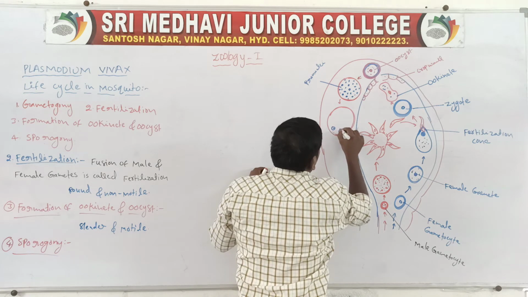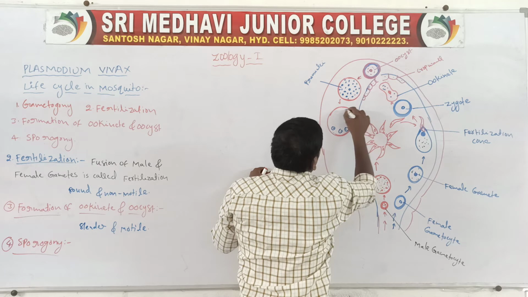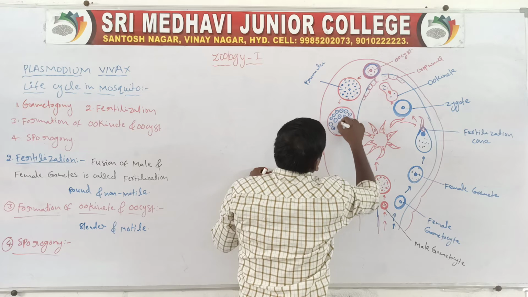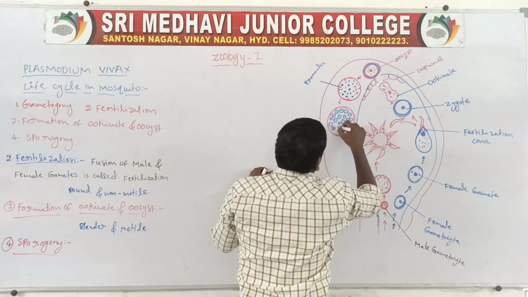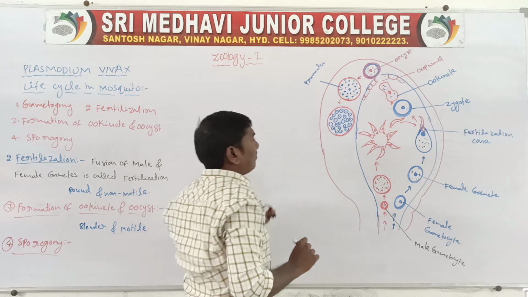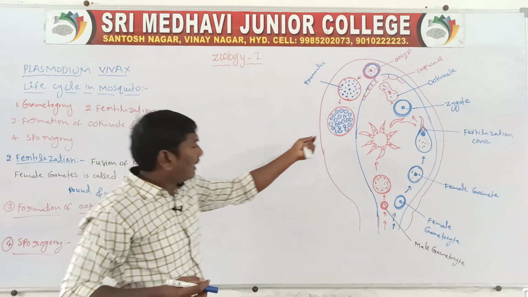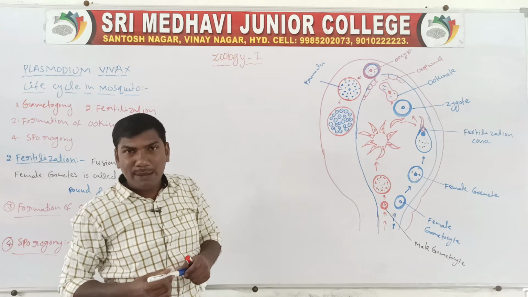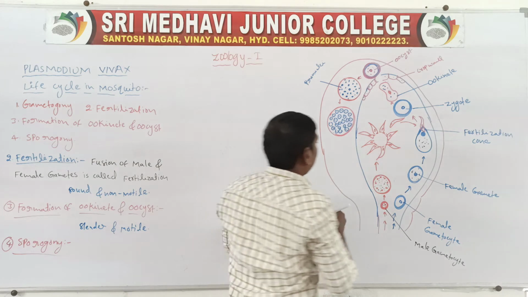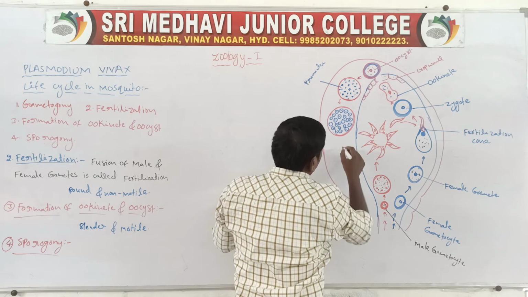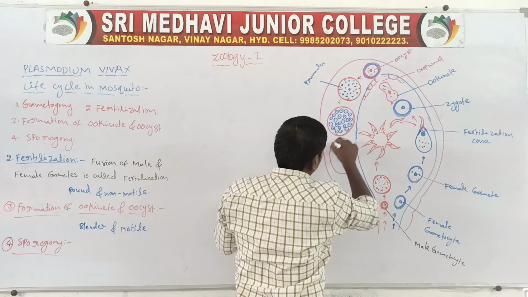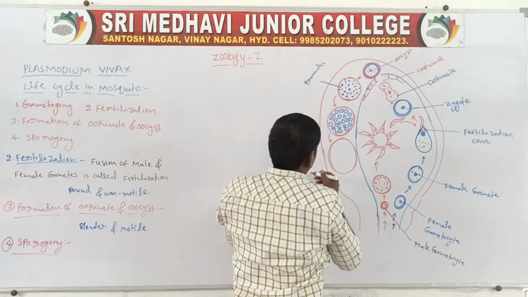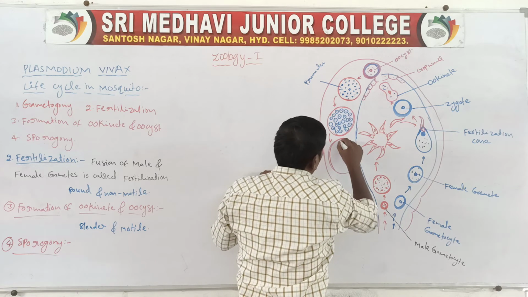So each nucleus and the surrounding cytoplasm form a sporozoite. So these are called as sporoblast. Next one, the formation of sporoblast.